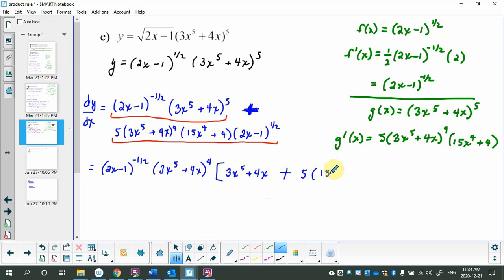I have 15x to the 4 plus 4 because there weren't any in the front half, so I definitely have it left behind. And then here's the kicker. The difference between 2x minus 1 to the half and 2x minus 1 to the negative a half is a whole bracket.